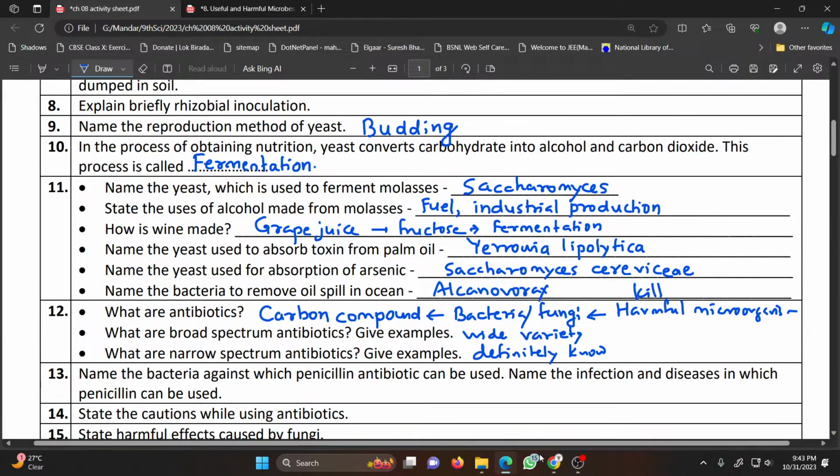Name the bacteria against which penicillin antibiotic can be used. Penicillin can be used against staphylococci, clostridia and streptococci. Name the infections and diseases in which penicillin is used.